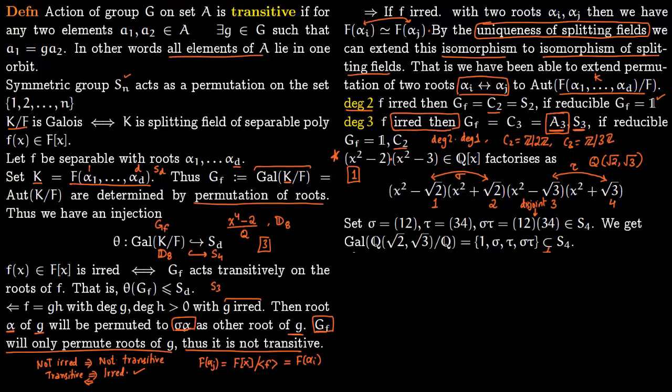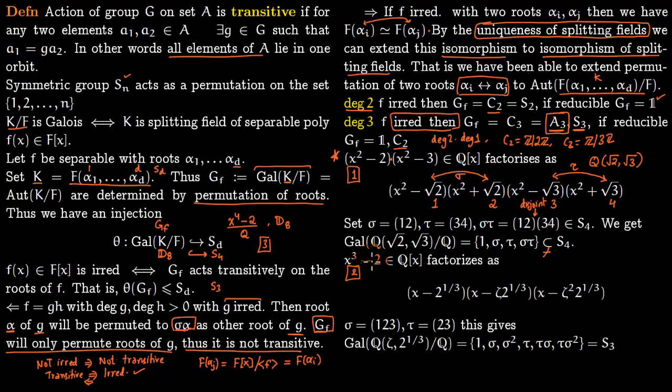Another example, this was our example 2. Say x cubed minus 2 over the rationals. This is again irreducible, and it will factorize like this. The three roots are 1, 2 and 3. Sigma permutes all three roots, 1, 2 and 3, whereas tau just permutes the two complex roots.